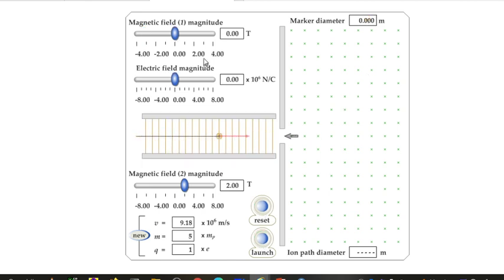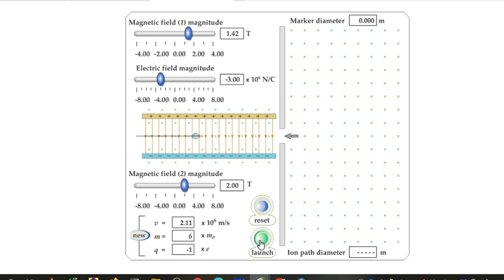If the particle is positive, it's going to be deflected up. But what if the particle was negatively charged? Let me change it and make it a negatively charged particle. Now I can launch and see what happens.